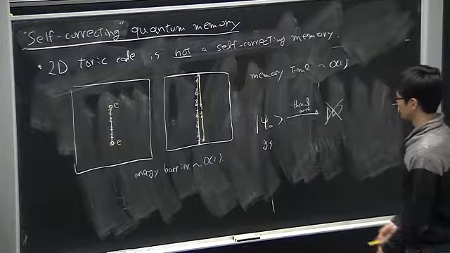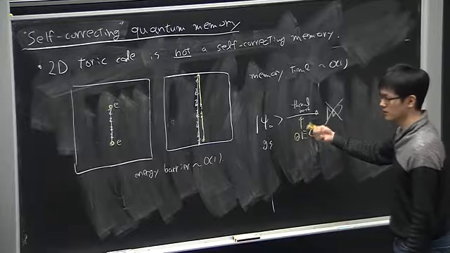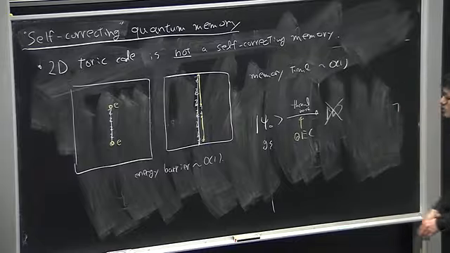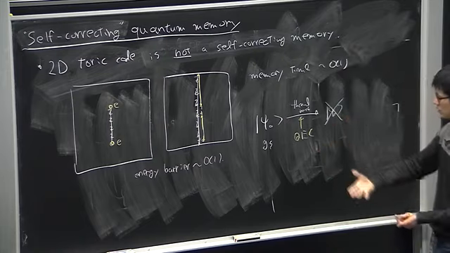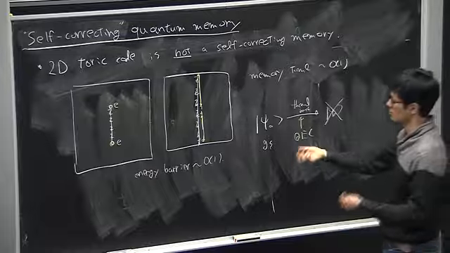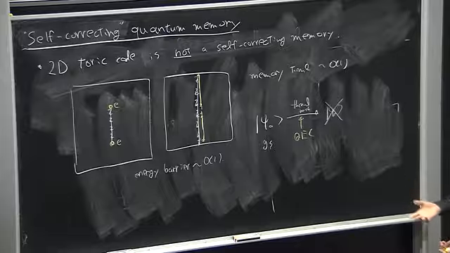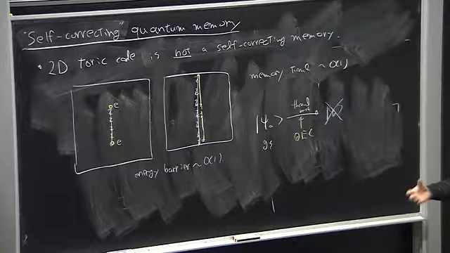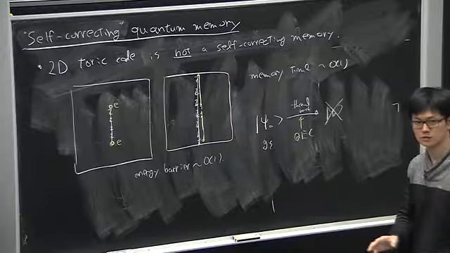So what we should do is, of course, perform quantum error correction before the information is dissipated. Basically, this quantum memory time tells you how frequently you need to perform quantum error correction. This crucially depends on how high the temperature is, how strong the coupling to the thermal bath is, and so on. But strictly speaking, this two-dimensional toric code does not work as a self-correcting quantum memory in the presence of a thermal bath. That is the statement. So this is a bit of an unfortunate story, but yes?